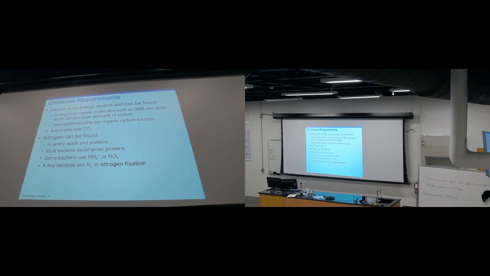Now, the microorganisms that get their carbon out of organic carbon sources, like for instance proteins, lipids, carbohydrates, these will be called chemoheterotrophs. So they get the carbon from the same sources that they use it for.